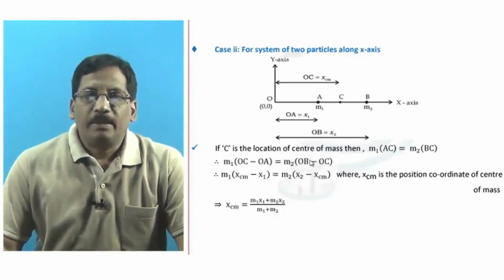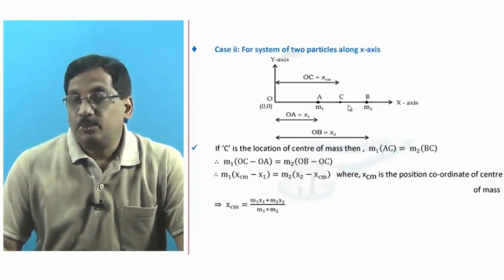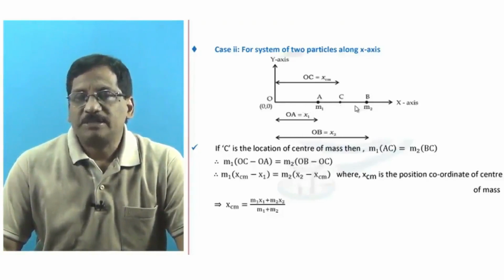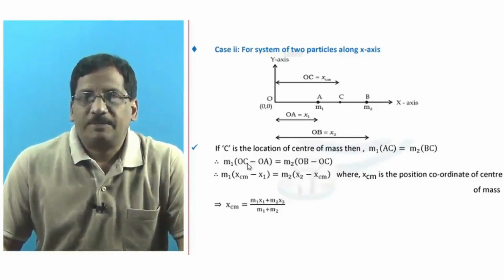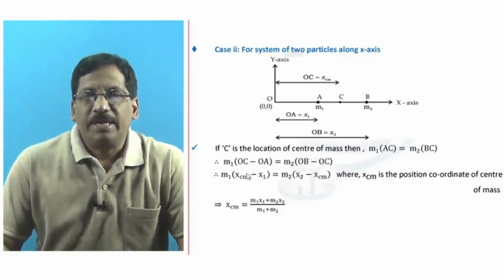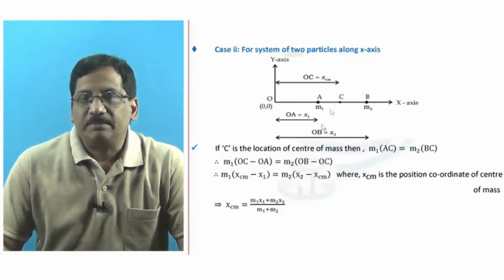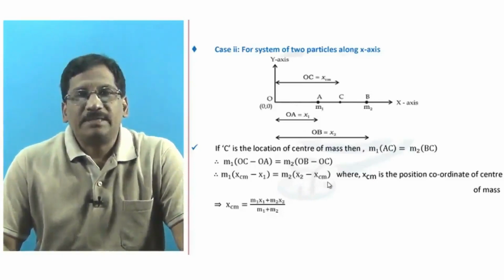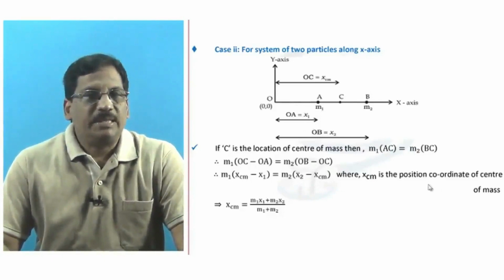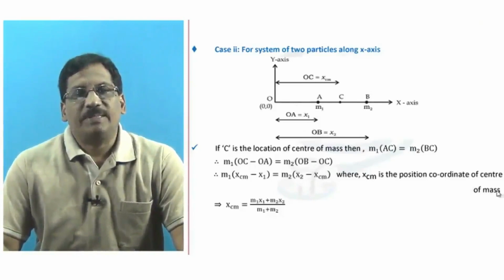Therefore, m1 into OC, where OC is the position coordinate of center of mass denoted by x suffix cm. So we can write the above expression as m1 into xcm minus x1, OA being x1, is equal to m2 into x2 minus xcm, where xcm is the position coordinate of center of mass.